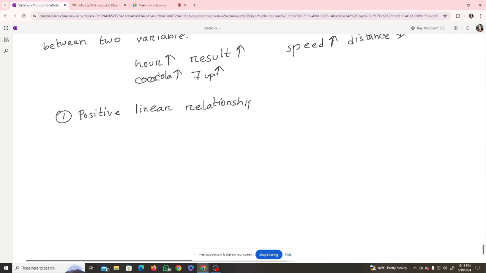Then we have negative linear relationship, and then we have zero relationship. That means your two variables are not correlated at all. Zero relationship.